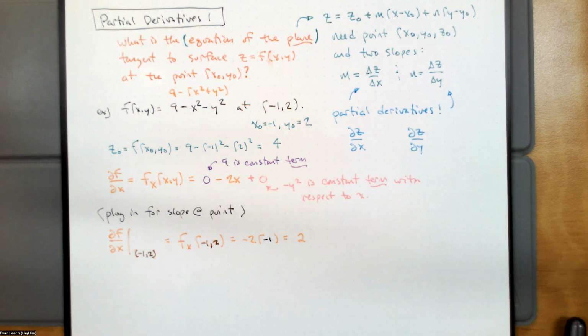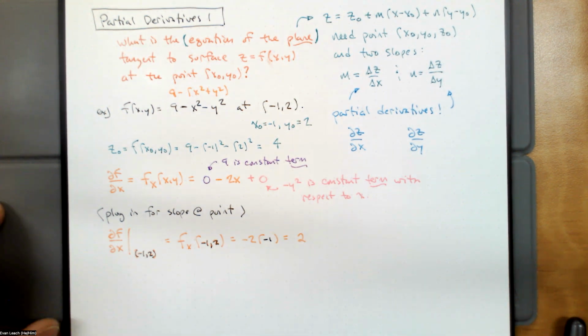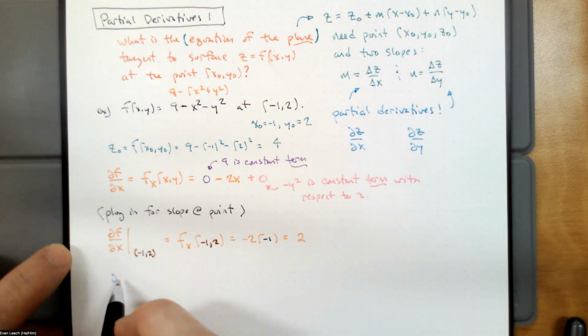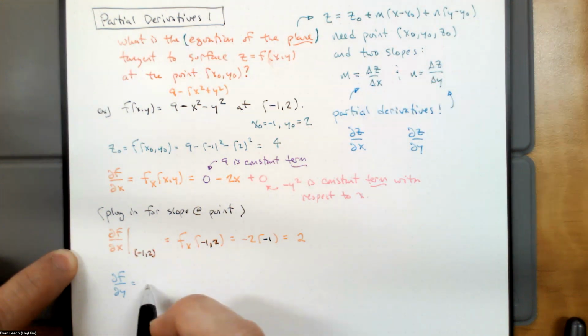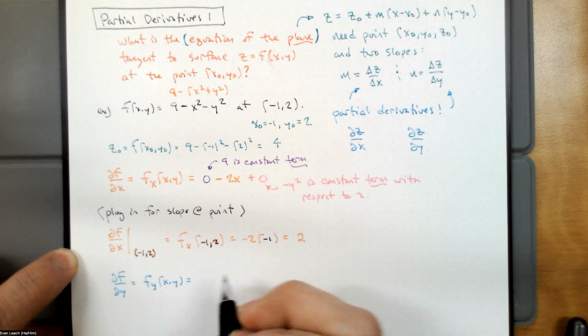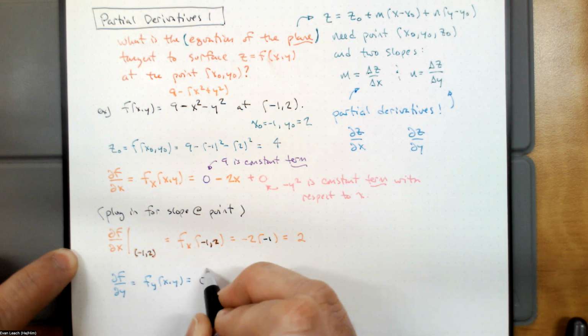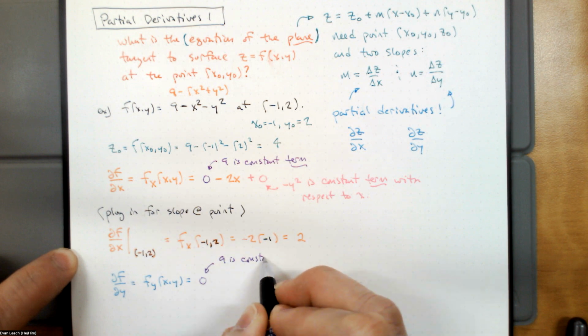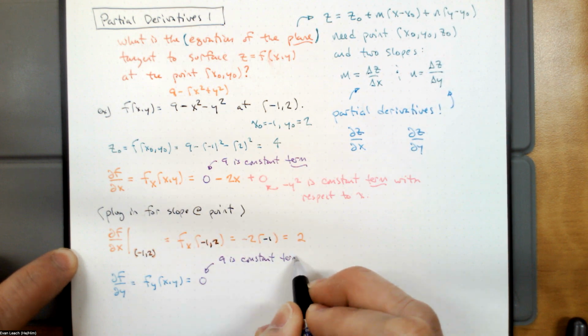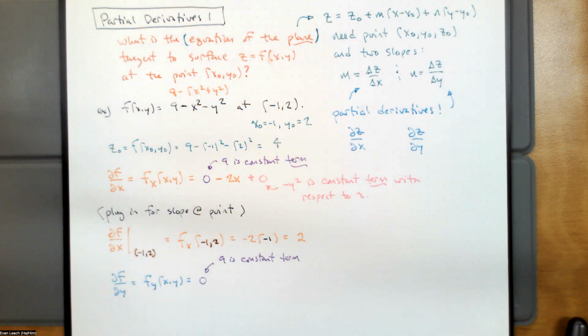Now we want to do the same thing for the partial with respect to y. Partial of f with respect to y, or fy at xy. The derivative of 9 is still 0, because 9 is still a constant term. Now our variable is y.